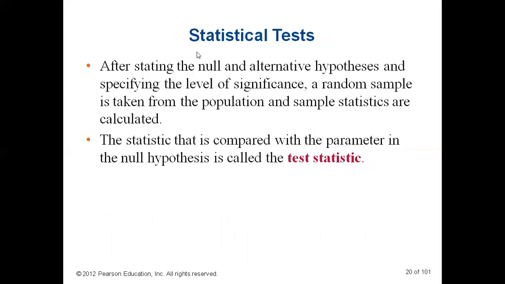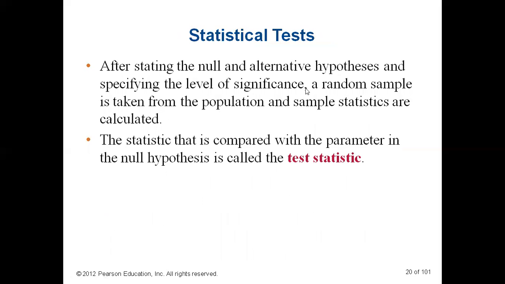Next, a statistical test. After stating the null and alternative hypotheses and specifying the level of significance, a random sample is taken from the population and sample statistics are calculated. The statistic that is compared with the parameter in the null hypothesis is called the test statistic. So how do we define the test statistic?